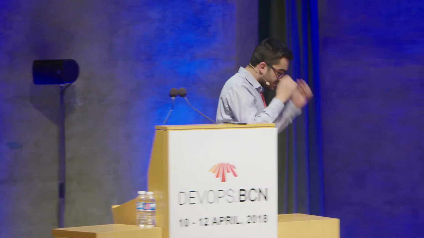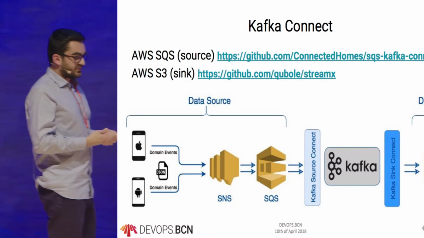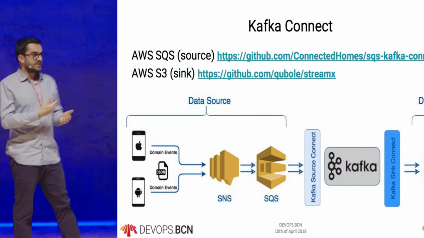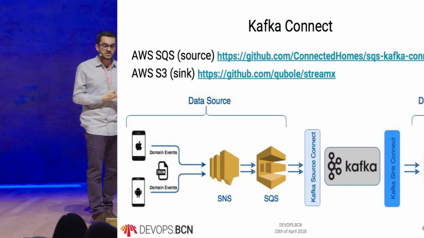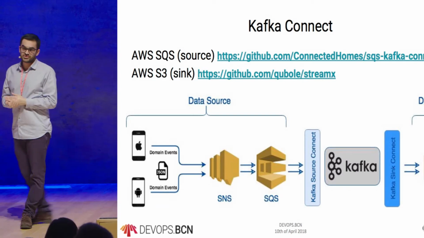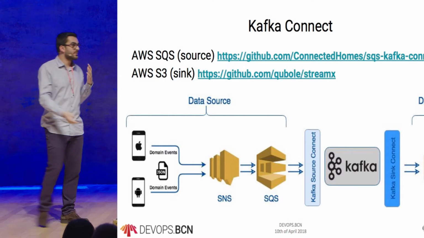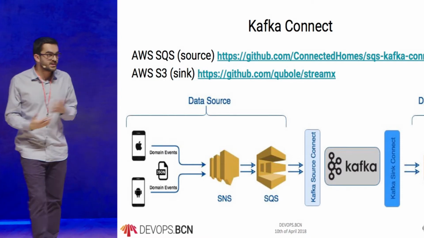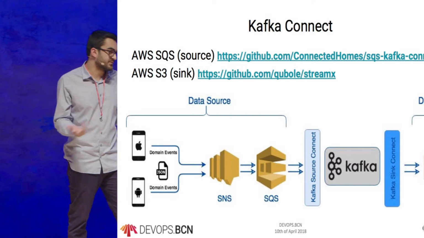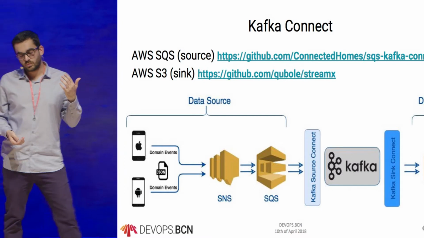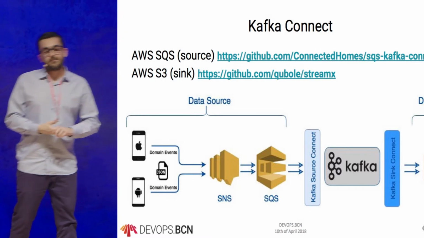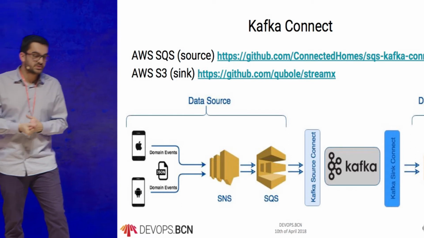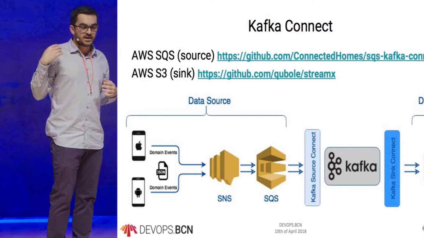So what happens is that if you have a platform that you really rely on SNS and SQS, but SNS is just delivering duplicate messages, you have to deduplicate before saving in S3, because otherwise your analytics department will come and say, hey, we see that in our database there are 10 sales, but Kafka says we have 15 sales. So what happened? In LetGo, I also worked in LetGo as a consultant. In LetGo, the developer developed a Cassandra sync connector.